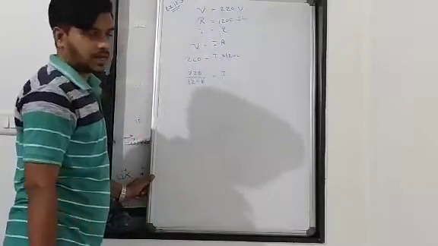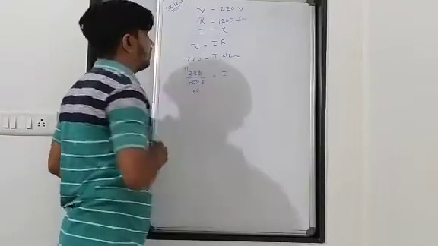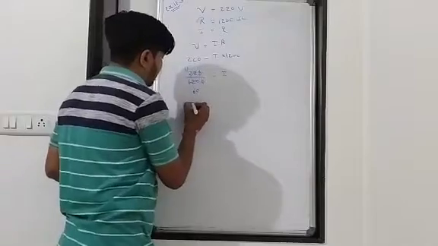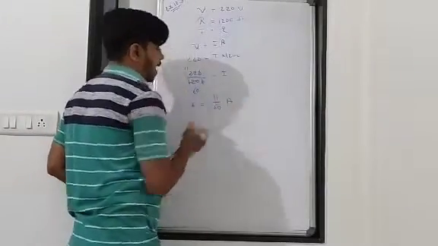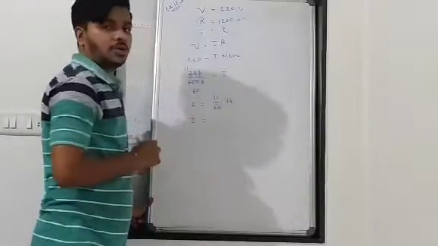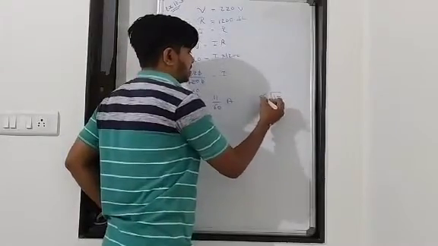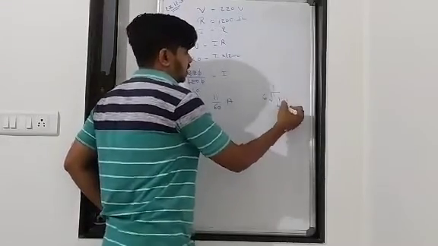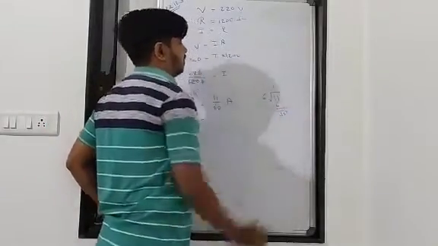Both the zeros are cancelled out. 11 twos are 22 and 60 twos are 120. So I is 11 by 60 ampere. If you want to find it in decimal, you can also divide 11 by 60. 6 ones are 6, then 5, so it's 50.